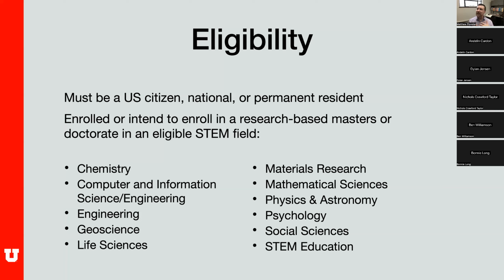But it is not uncommon, and it is perfectly okay for your research to fall in a different area. So your degree program, the name that goes on your diploma when you graduate, might say chemistry, but your research might identify more specifically and with a better fit under materials research or life science. So definitely take a look at the solicitation if there are any questions about that.